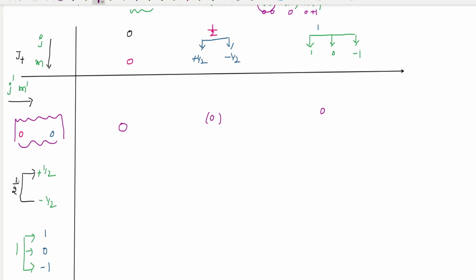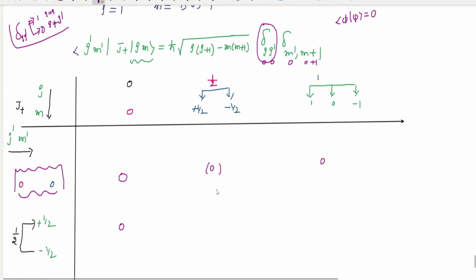Next, here 1 by 2 is there; j prime value 0 is there. What does that mean? This one is 0. Then this is the main one. Here j is equal to 1 divided by 2 and j prime is also 1 divided by 2. Okay, here I'm going to write this Dirac delta function first. So it is better to write it here. Just wait, I can show you here.